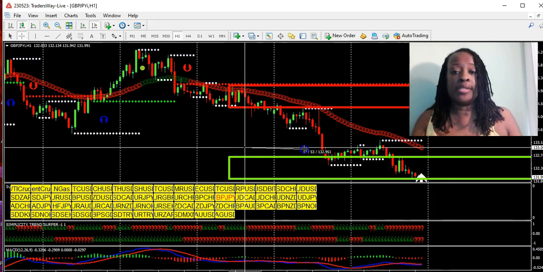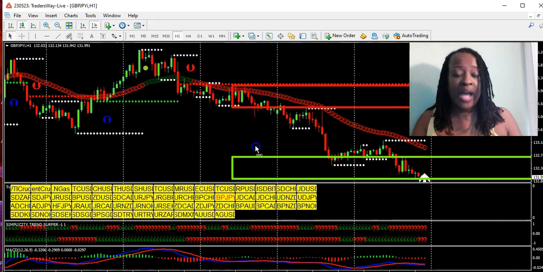And in some pairs, at different times, your supply and demand zones will be further apart from each other. But the closer it is to each other, what that really identifies is just a big consolidation area. But nevertheless, the same thing happens. It's coming out of a demand zone as a buy, and it's going to travel up to the supply zone, and then it's going to come out of the supply zone as a sell, and it's going to sell down to the demand zone.